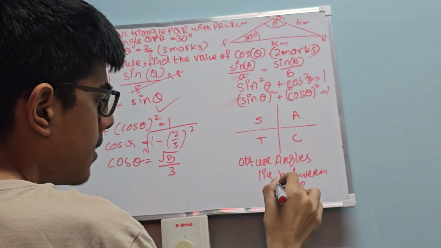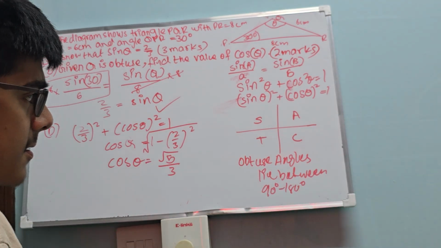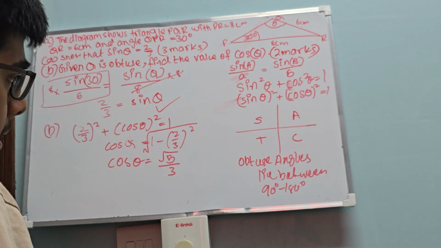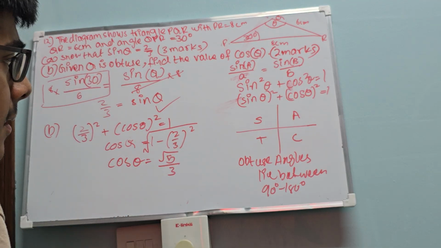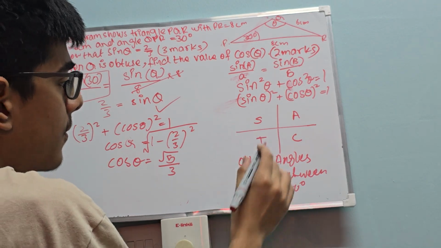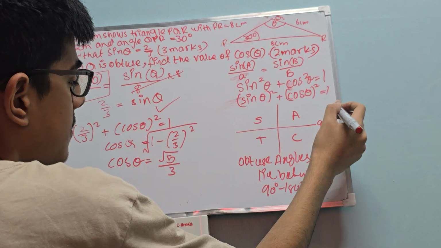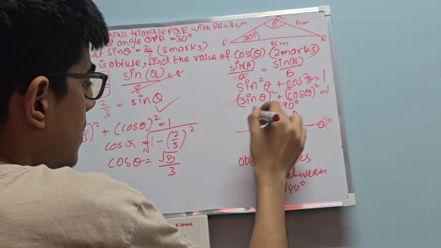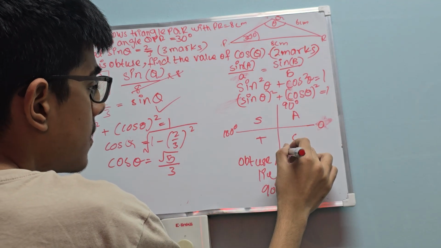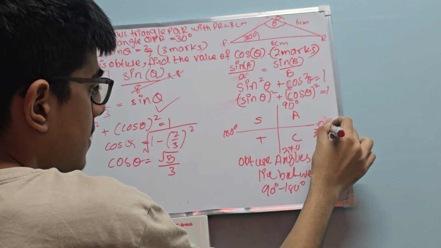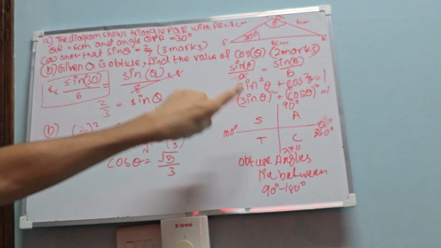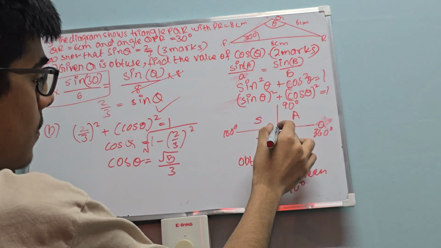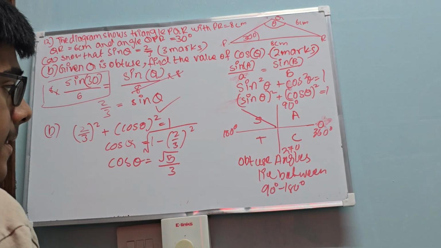You should know this from early secondary or late primary years. So if it is an obtuse angle, it should lie in the second quadrant on the ASTC. Let's label this: this is 0 degrees, this is 90 degrees, this is 180 degrees, 270 and 360 degrees, anti-clockwise. Since it is an obtuse angle, it will lie between here, so our angle will be roughly here.